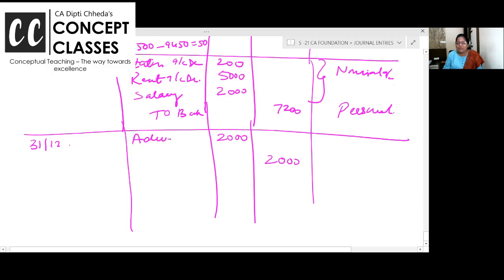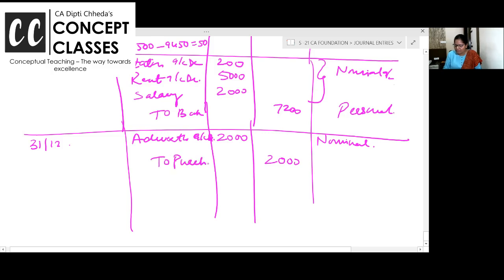See, when you distribute goods as free samples, it's like you're advertising your product, no? One bottle of Head and Shoulders, one small Parachute oil free. So when you distribute your stock as free sample, it's like an advertisement expense. So advertisement account debit. And why is advertisement account debited? It's a nominal account. Debit all expenses.